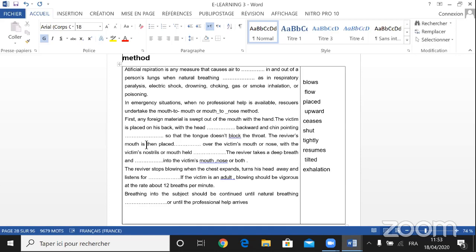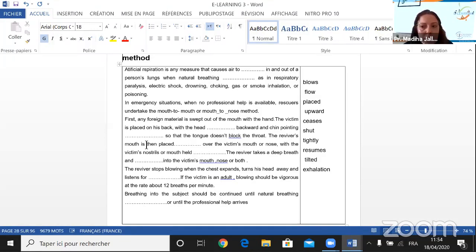In emergency situations, when no professional help is available, rescuers undertake the mouth-to-mouth or mouth-to-nose method. First, any foreign material is swept. Are you following the screen here?